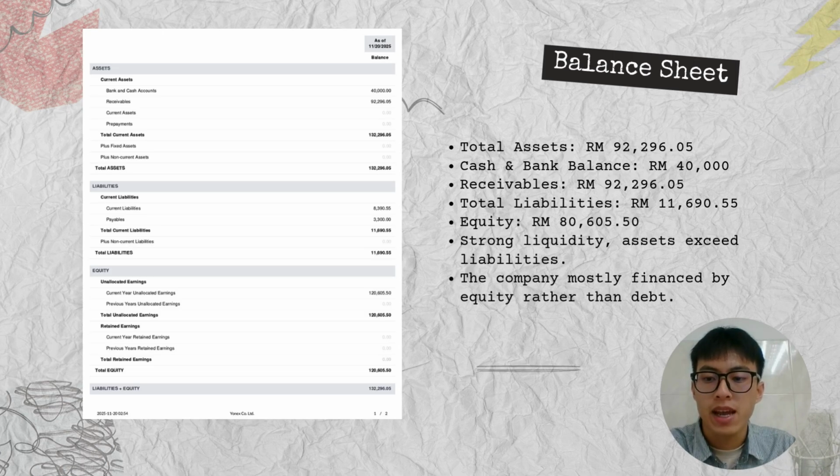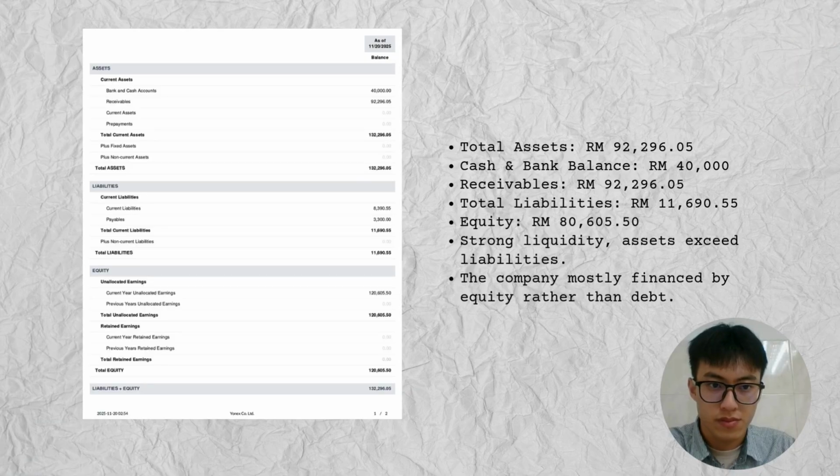This means the company has minimal financial risk and strong short-term stability. Equity stands at about 80,000 ringgit, showing that the business is mainly financed through internal ownership rather than debt. Overall, the balance sheet reflects a solid financial foundation with high assets, low liability, and strong equity. This indicates that Yonex is in a good position to continue operation and support growth.